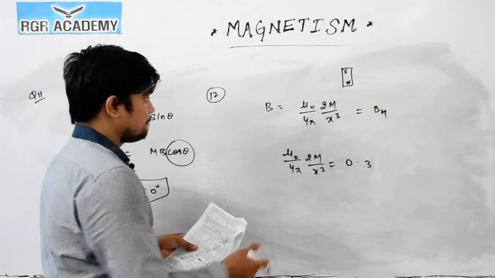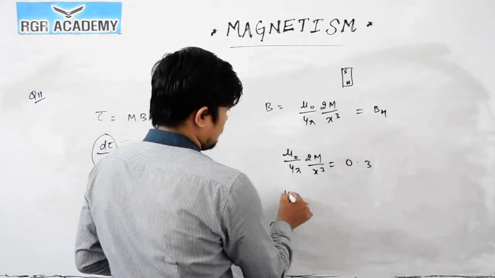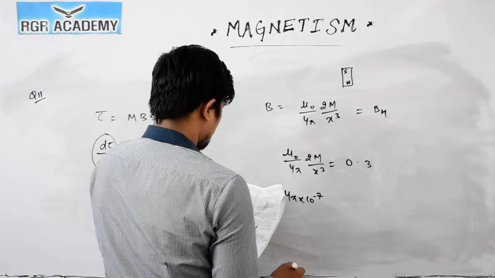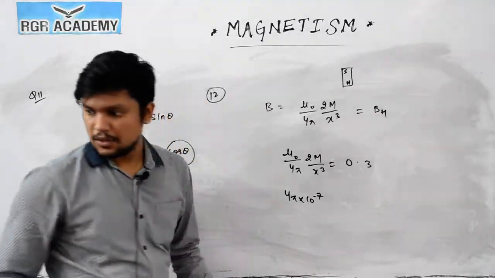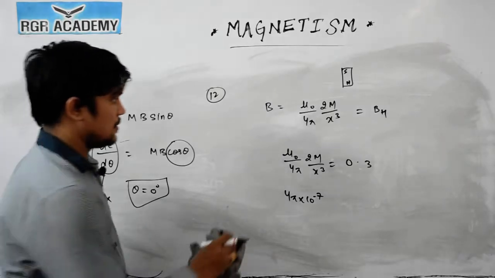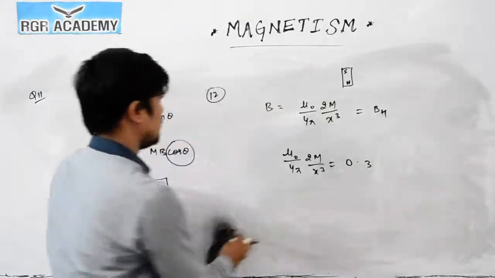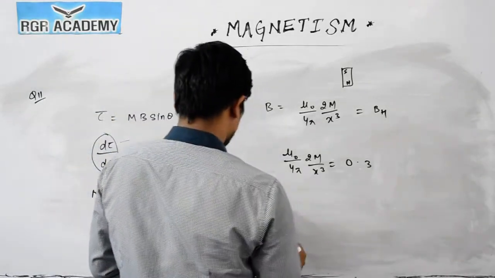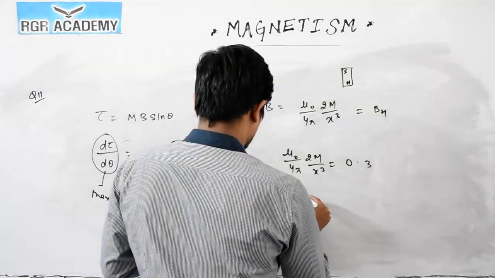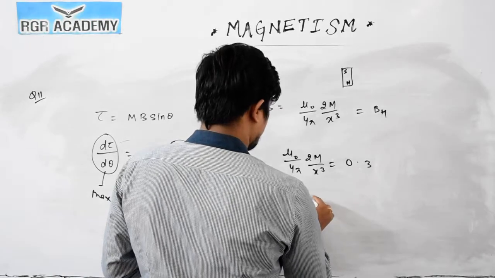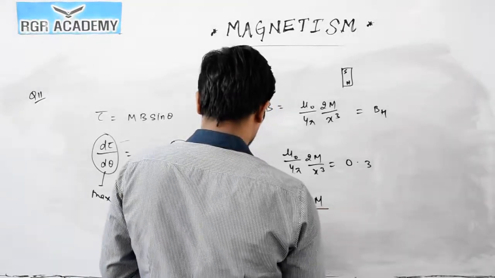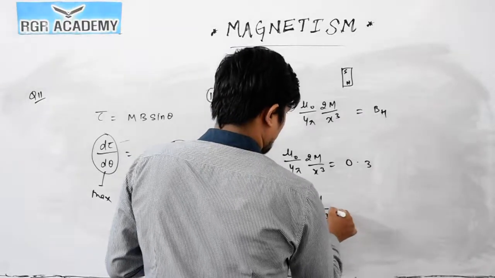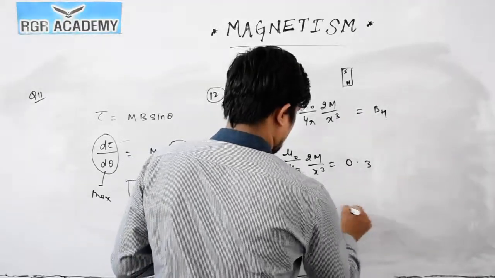Okay, so see how to calculate. Mu naught by 4 pi is 10 to the power minus 7 in SI, but in CGS this will be equal to 2m by x cube. What is x? x is 20. So 2m by 20 cube should be equal to 0.3.